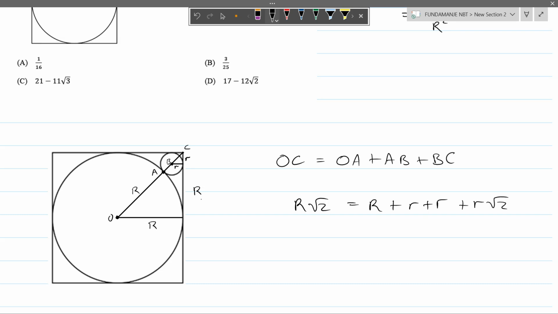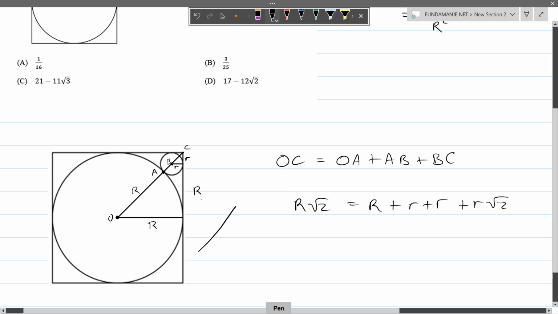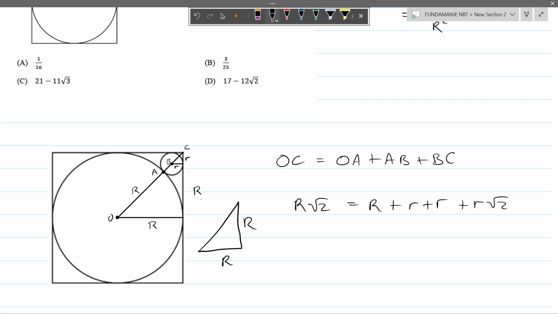So what does this mean? We're basically saying that the length of OC, if we look at it with respect to just the other two sides, this R and this R, this is going to be R root 2. And then we're saying this is also equal to OA, which is R, like this, and AB and BC, which is r plus r.